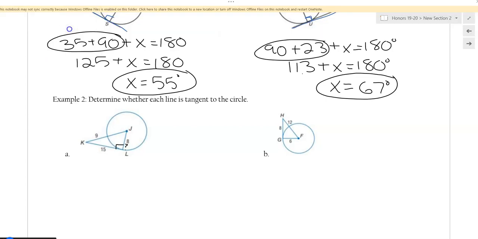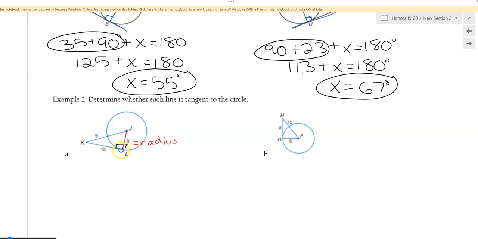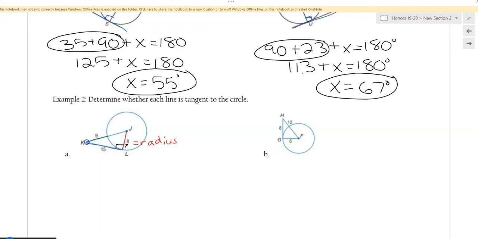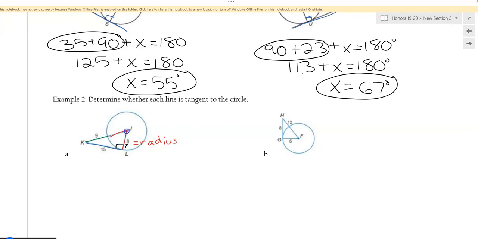One thing to be careful with these is this is 8, and that 8 is a radius. This side's 15, and then this is 9. That 9 does not go the whole way. But this is also a radius and is therefore 8.